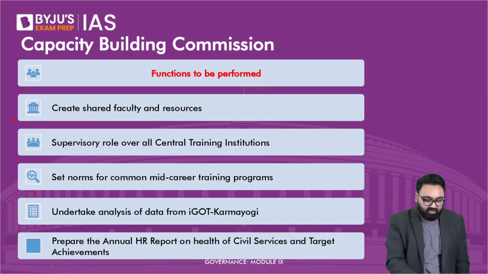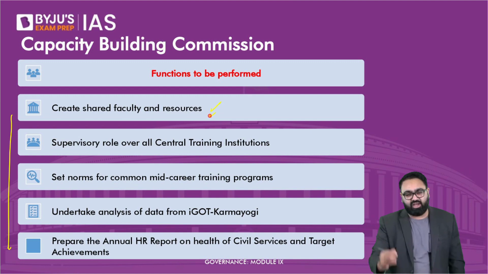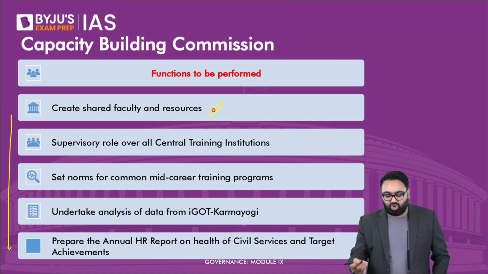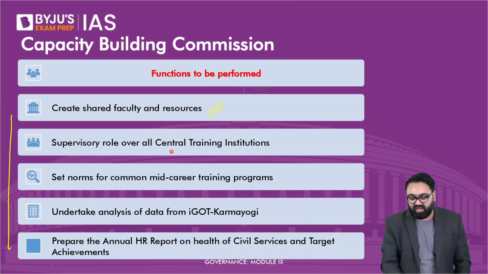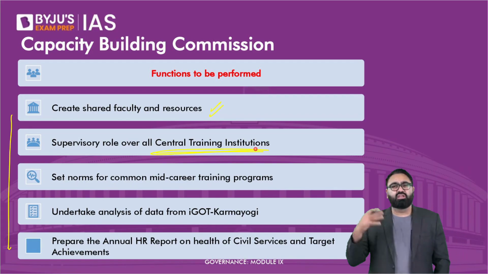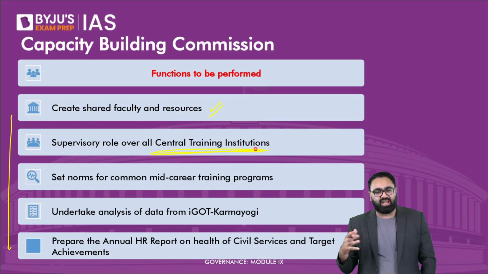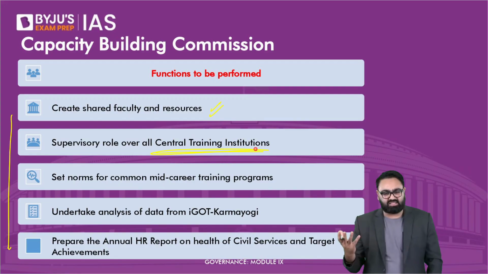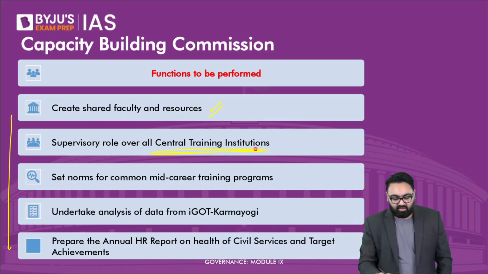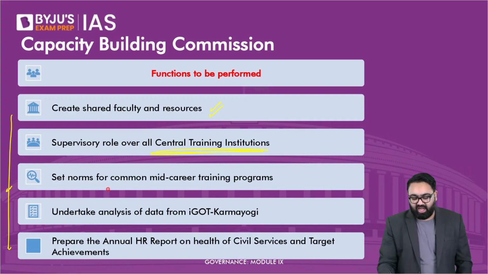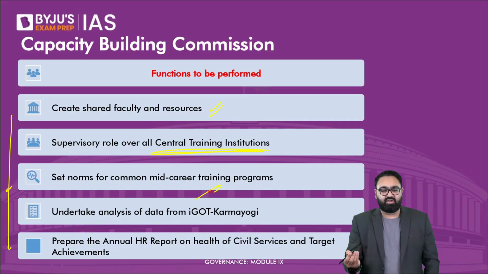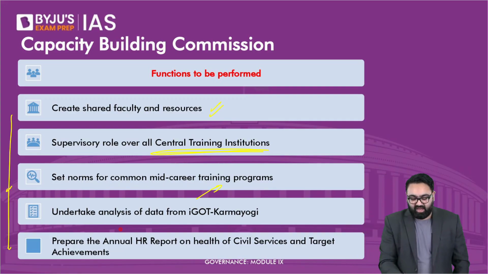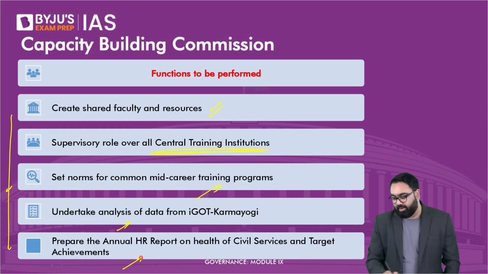These are the functions that this Capacity Building Commission performs. As I said, making resources like videos, etc., lessons, supervising the role of training institutions. So those institutions that will be called in to train, to make courses like IIMs, IITs, IISc, etc., set the norms and rules for training program of the civil servants. They will analyze the data and they will prepare annual report also.